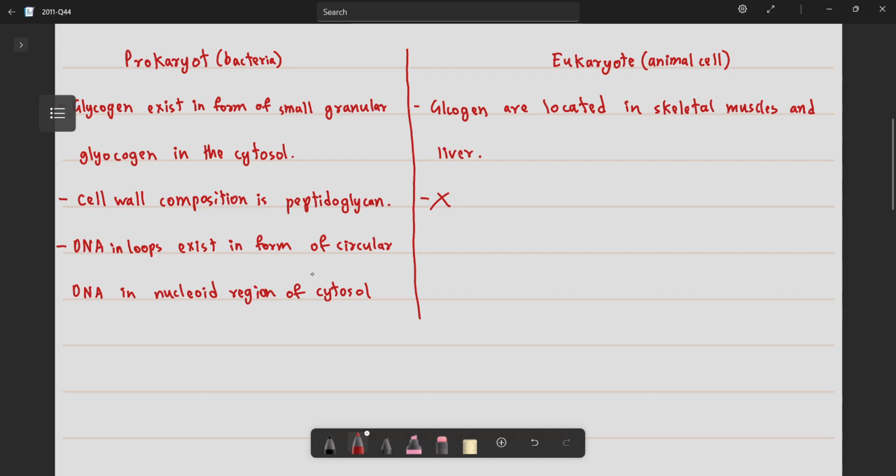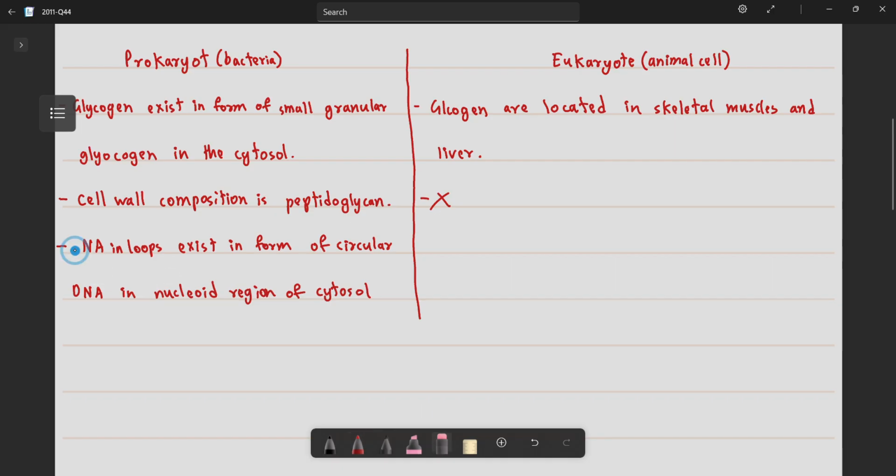If we're talking about prokaryotes, they're in the form of circular DNA, also called a circular chromosome. So that's the main genetic material of the prokaryotes.